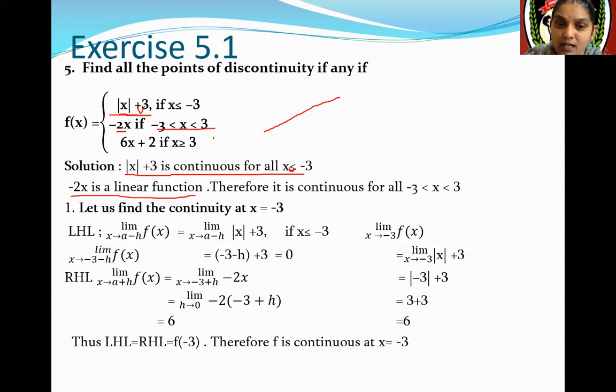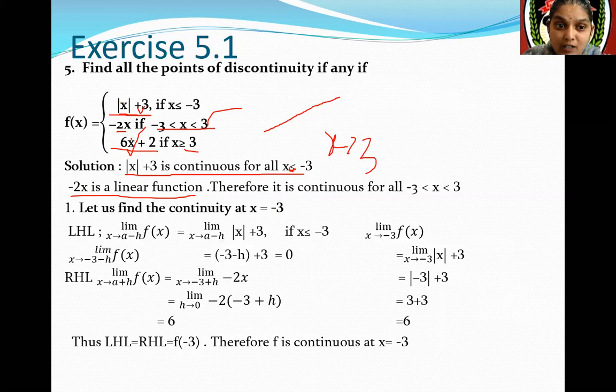It lies between minus 3 and 3. Then if x becomes greater than 3, we have the function 6x plus 2. Once again, 6x plus 2 is a linear expression, and we know every polynomial is continuous, and a linear function is also a polynomial. Hence 6x plus 2 is also continuous for all x greater than 3.